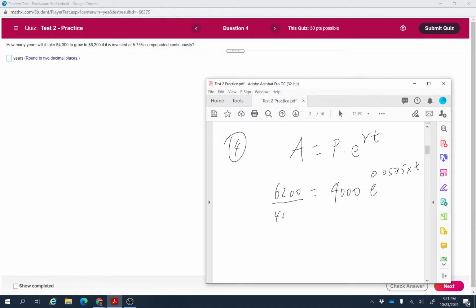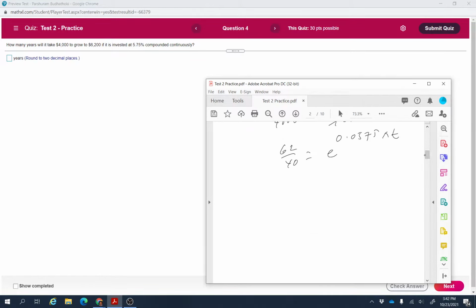Just divide both sides by 4,000. I'm not going to find the final answer here because I want you to do it. So this is 62 over 40 equal e to the power 0.0575t. How do you solve for t? You can just take ln of both sides.